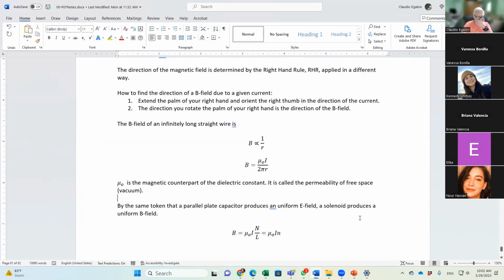We have solenoids in our cars. We have solenoids in valves. Have you ever heard of the solenoid valve? If you work with agriculture, solenoid valves are nothing but a solenoid that can open and close a passage for water, for instance.